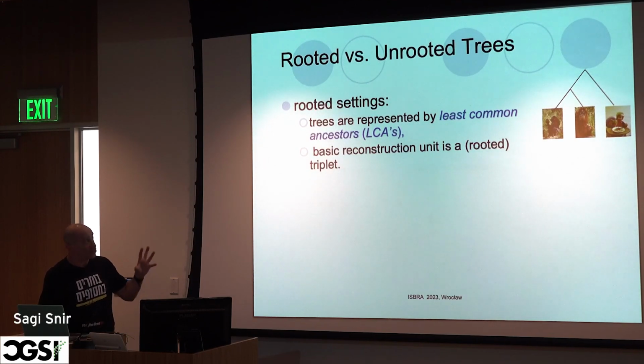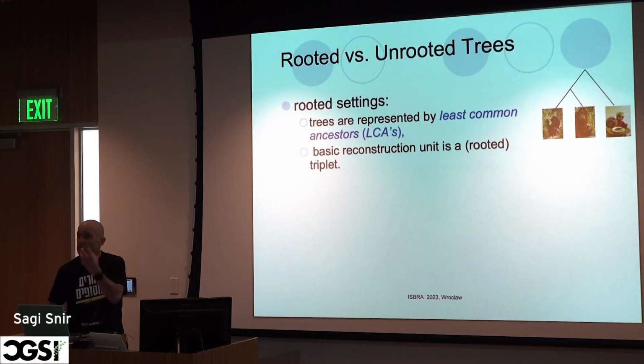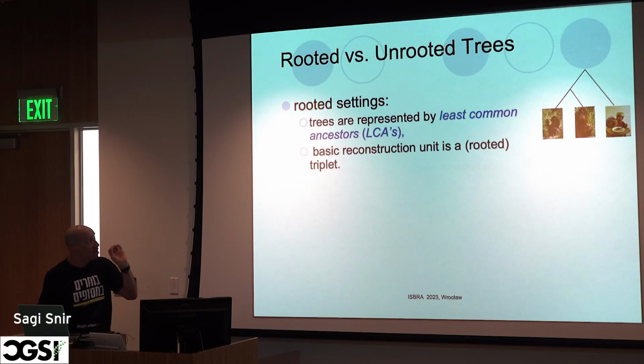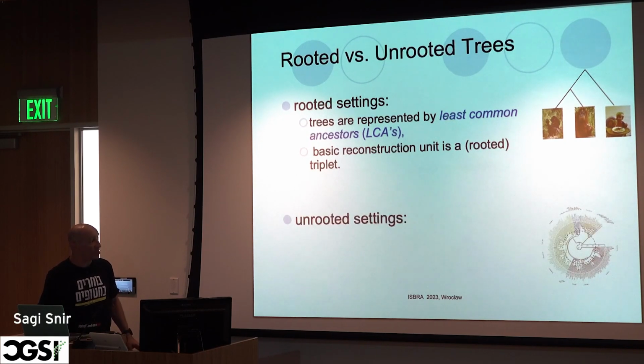It's the least information that we have. In the unrooted setting, we don't have a root, we don't have the notion of time. We don't know where to place the root.